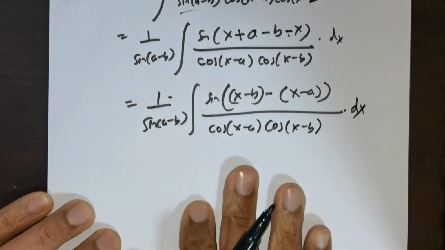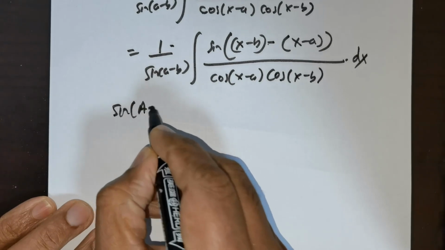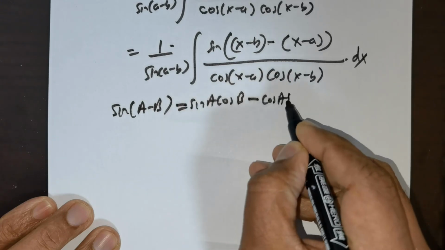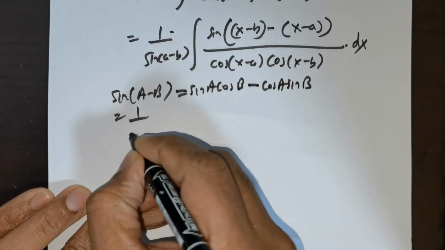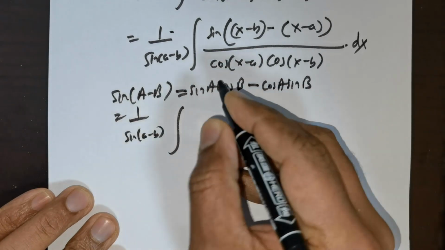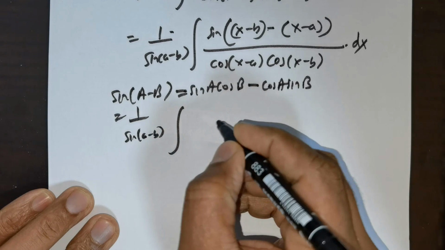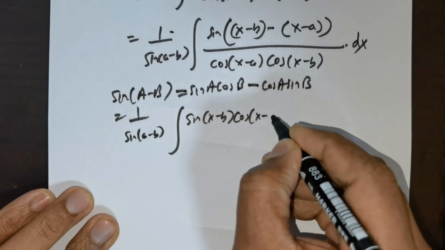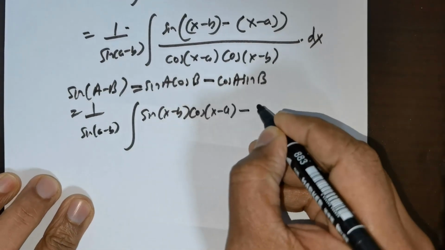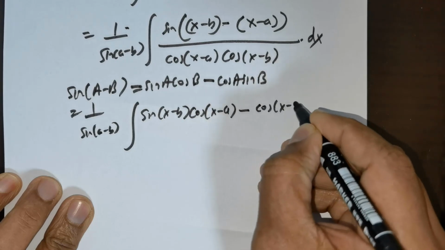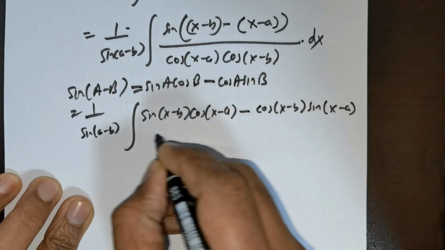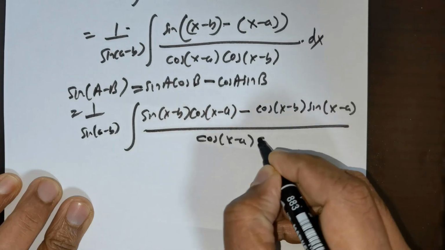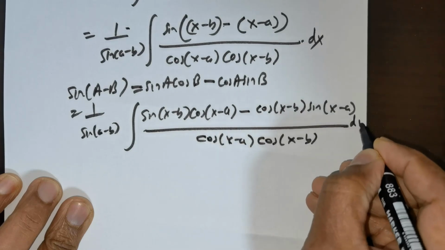times dx. Now I'm going to utilize this formula: sine of (a − b) is sine a cos b − cos a sine b. So this is equal to 1 over sine of (a − b) integral. You expand this using this formula: sine of (x − b) times cos of (x − a) − cos of (x − b) times sine of (x − a), divided by the denominator cos(x − a) multiplied with cos(x − b) times dx.